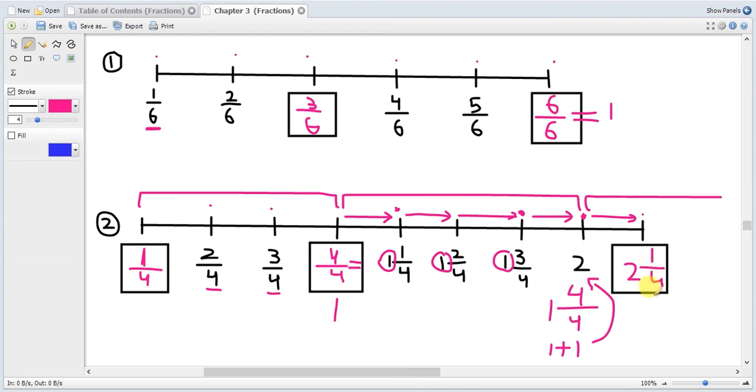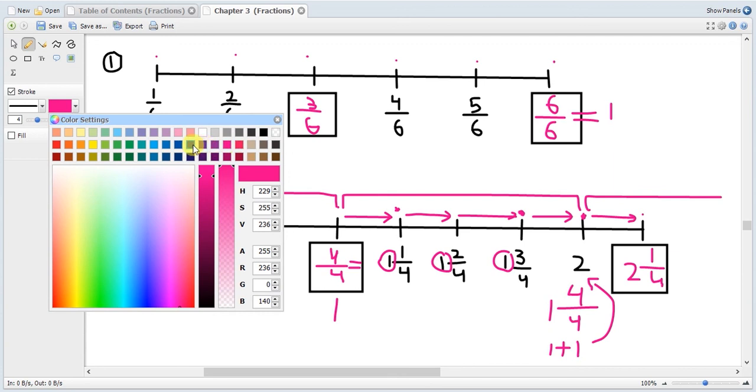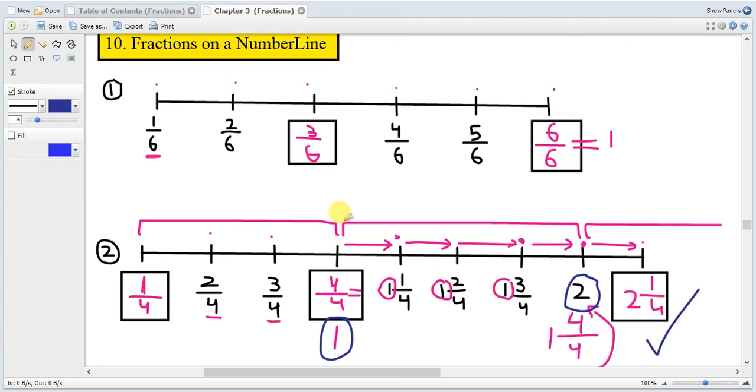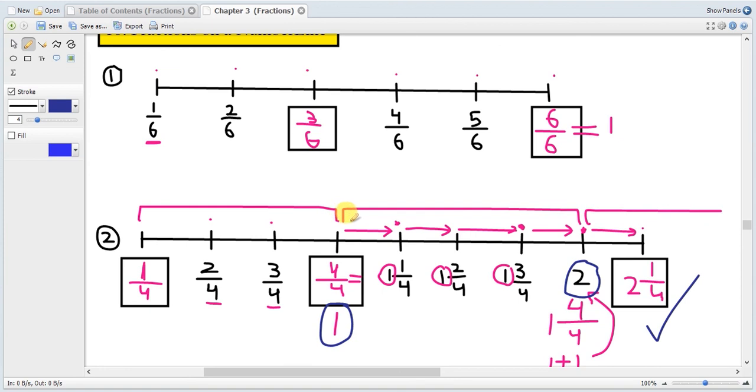So 4 over 4 will give you 1, and then that becomes 2 plus 1 is 3, right? So basically in this question they have covered one sequence, and in each sequence there are 4 patches. The second sequence also has 4 patches, and for the third sequence there is just one patch, right?